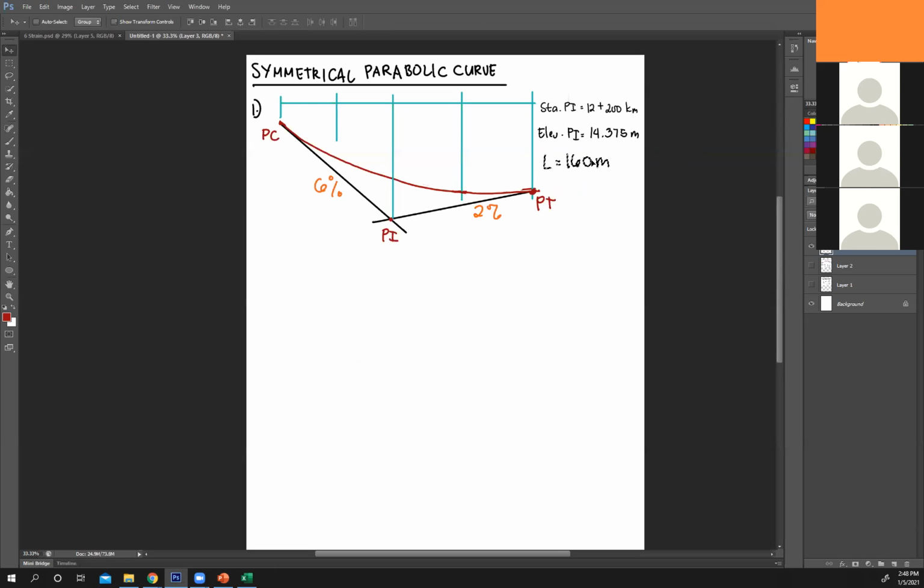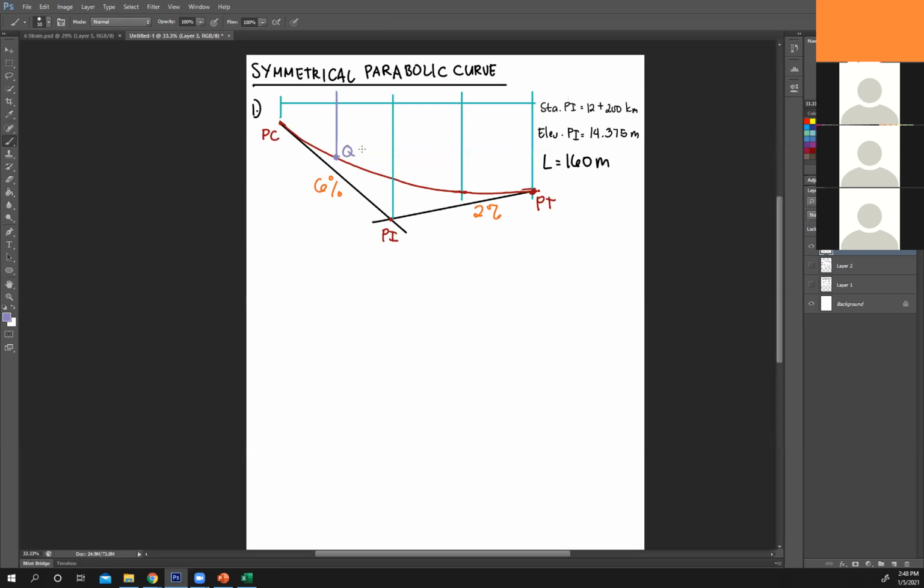Okay. So quarter point meaning I want to know the elevation at this point. First quarter point would be this. Okay, elevation at this point on the curve, let's call that point Q.